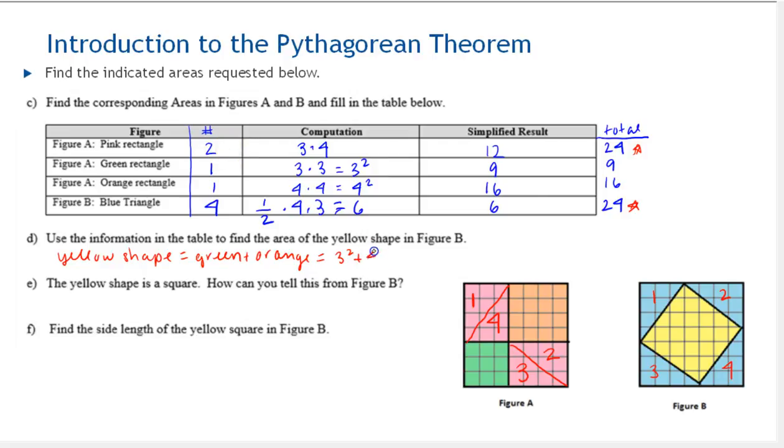And I'm writing it this way for a reason, you'll see why later, which is 9 plus 16, which is 25. So this yellow shape right here has an area of 25.